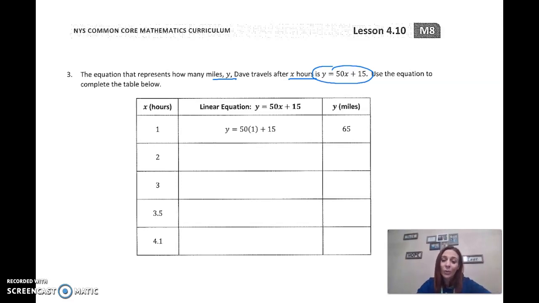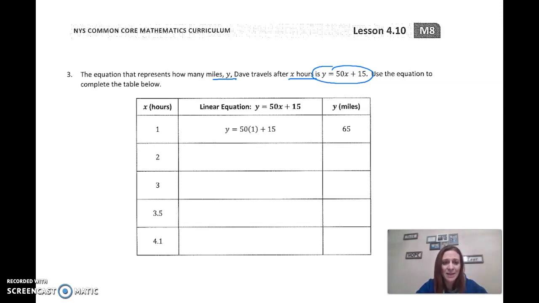So we can use the equations to figure out how far we travel in a certain number of hours. Don't overthink this. You've done this type of problem before. We're just now talking about it in terms of proportional. Well, this isn't proportional, but in terms of hours and miles.